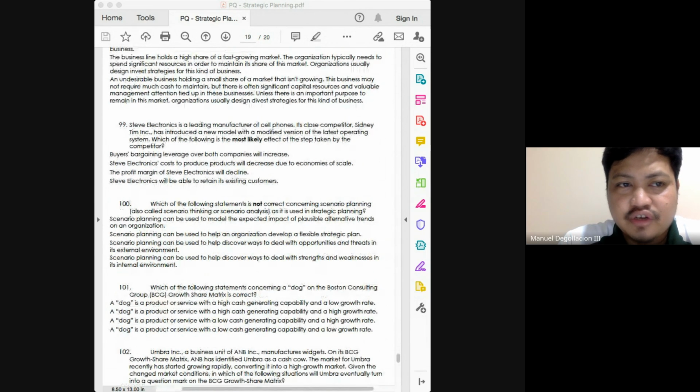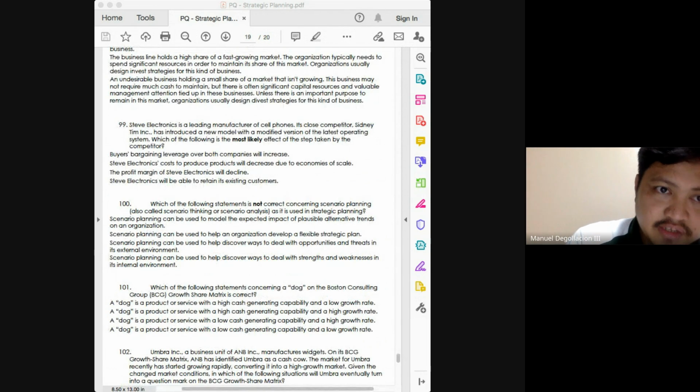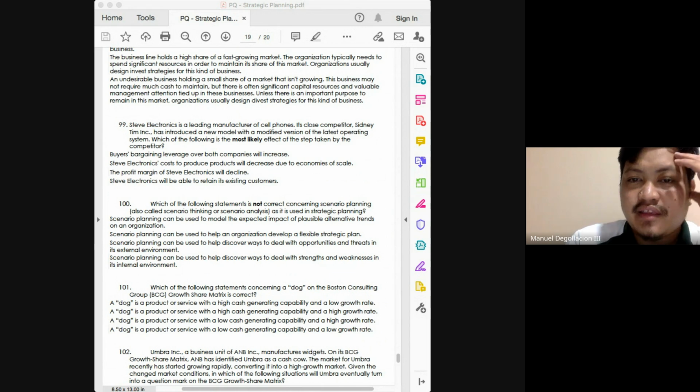99, Steve Electronics is a leading manufacturer of cell phones. Its close competitor has introduced a new model with a modified version of the latest operating system. Which of the following is the most likely effect of the step taken by the competitor? We would expect that the profit margin of Steve Electronics will decline because of the introduction of the new phone.